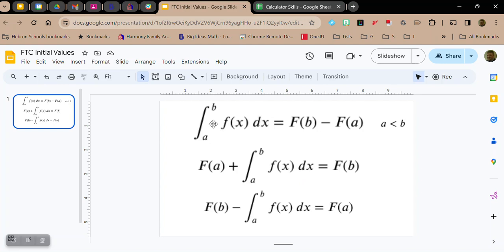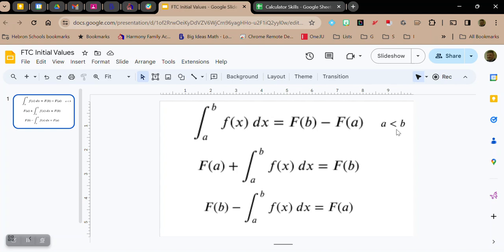For definite integrals, the integral from a to b of f of x dx is the antiderivative of f, or an antiderivative of f, evaluated at b minus the antiderivative evaluated at a, and we are here assuming that a is less than b.